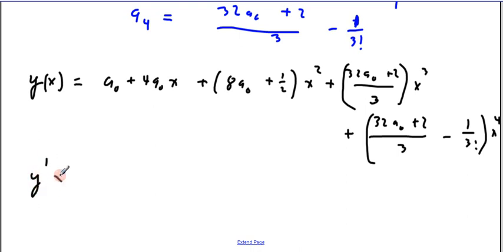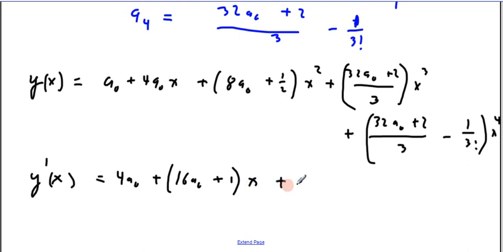Y prime is going to be 4A0 plus 16A0 plus 1 x plus 32A0 plus 2 x squared plus, do I have enough room? 128A0, I don't have enough room.